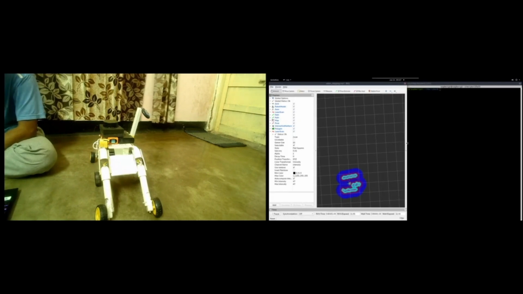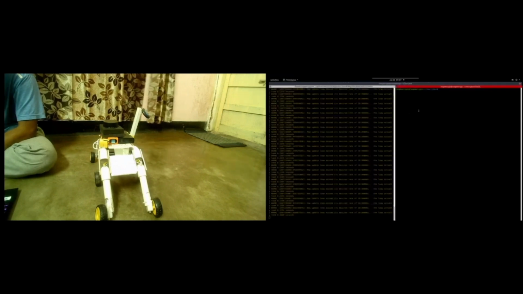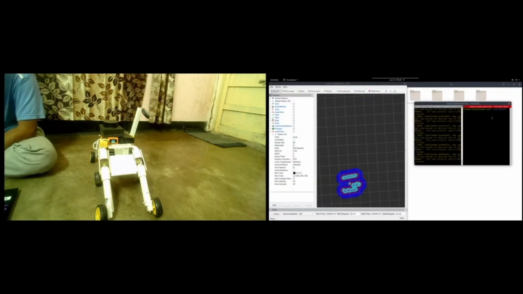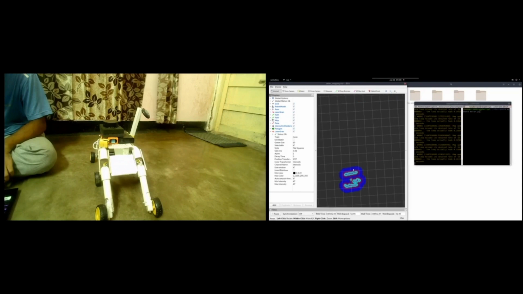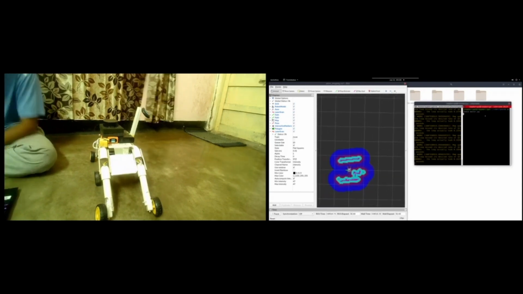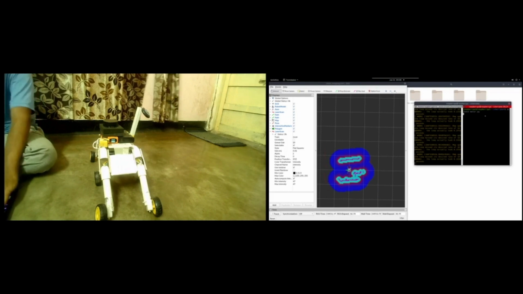Okay, as you can see here, RViz has been launched and we can see the cost map generated. This is the cost map generated, and there are different regions in this cost map.